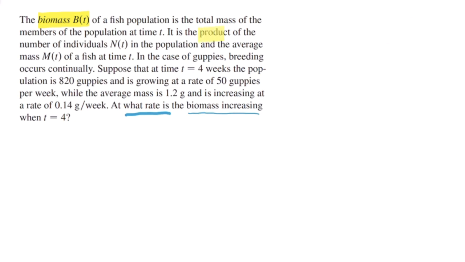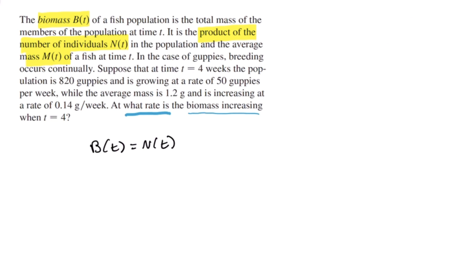It is the product of the number of individuals, N of t, in the population, times the average mass, M of t. We want to find the rate of change of the biomass.